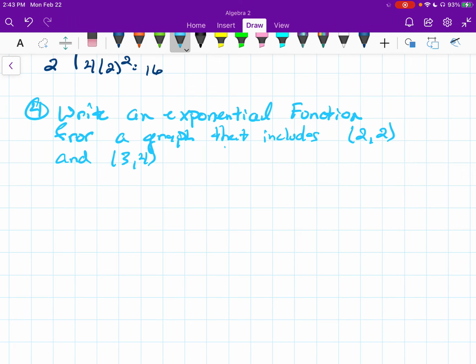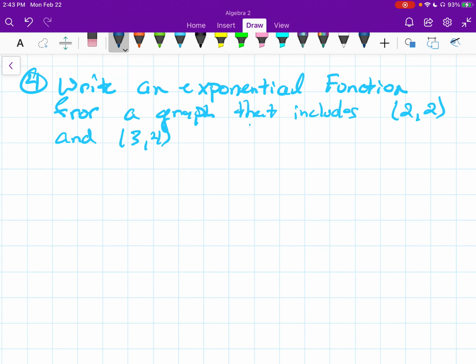All right, so we are given 2 points that are on an exponential curve, and we need to find what is the standard form of that graph. Now, let's remember what standard form is. It is y equals ab to the x. So really what we're looking for is a and b.